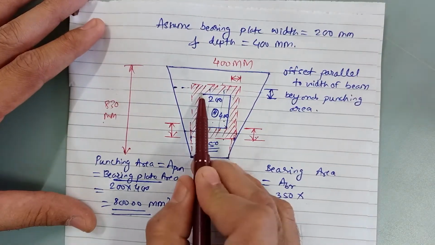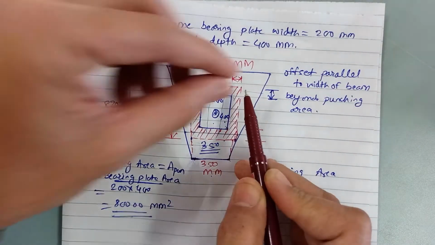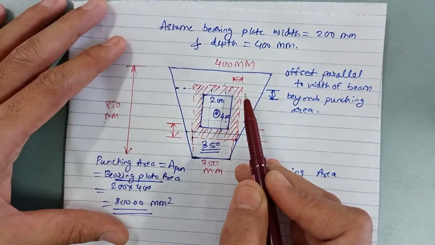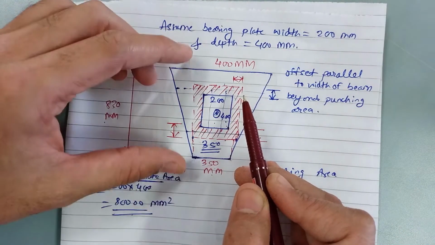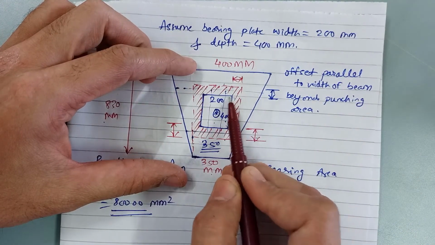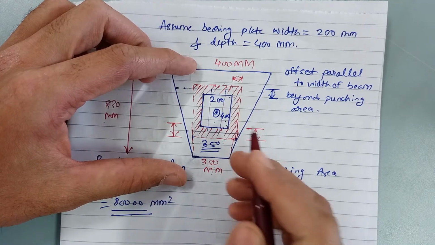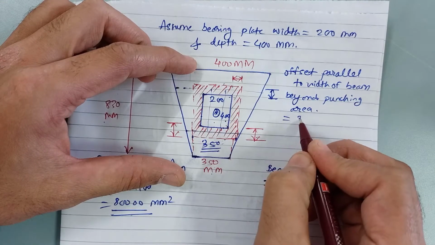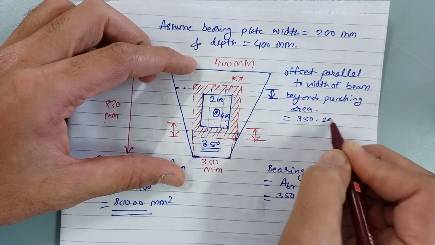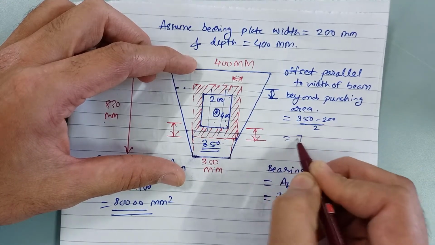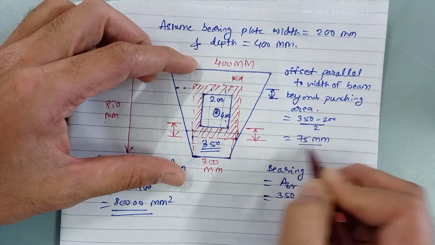These offsets are nothing but parallel to the width of the beam beyond punching area. Here you can determine beyond punching area, and this you will calculate as 350 minus 200 divided by 2, that is 75 mm.